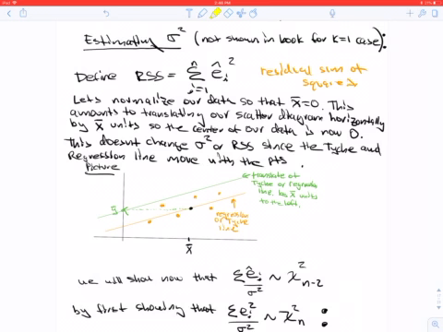By normalizing our data so that x bar is 0, that's what I mean by normalizing it. Essentially, we can subtract x bar from all of our x's. That would have the effect of making the mean 0.